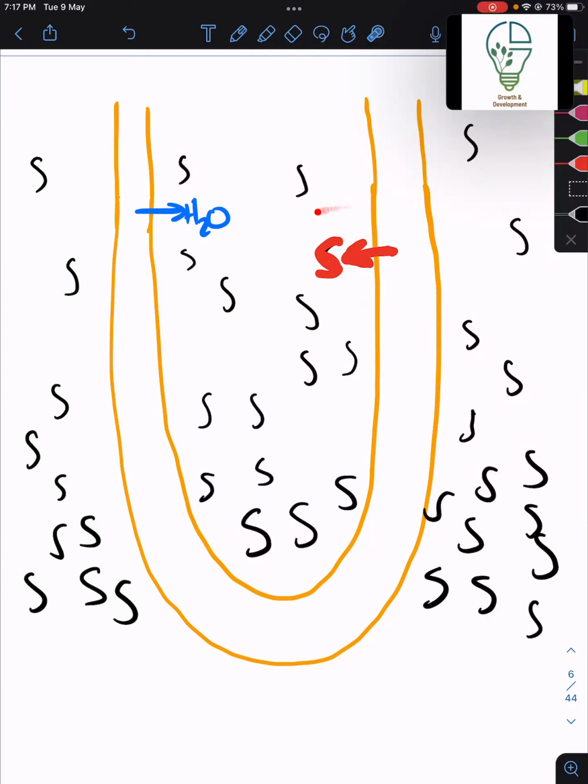The ascending limb is only permeable to solutes. Remember I said that in the beginning. And the third thing I want you to grasp from this diagram is that the solute concentration goes from low to high. The solute concentration increases as you go down into the medulla. Those are the three things I want you to take away from this diagram.